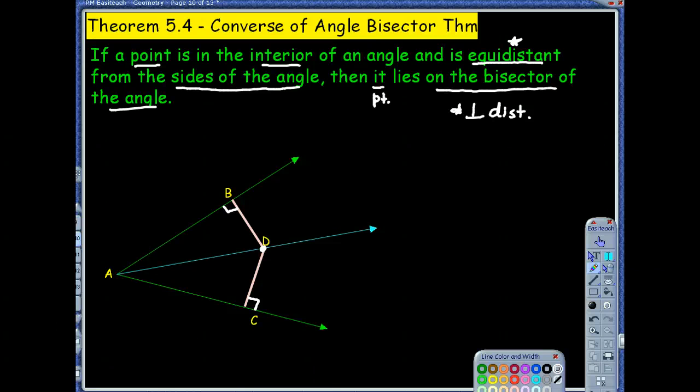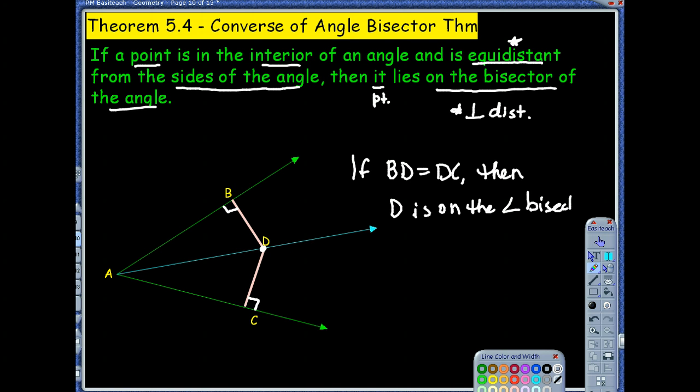If I give you that BD was equal to DC, then I know that D is on the angle bisector, which is ray DA, or AD, I mean.